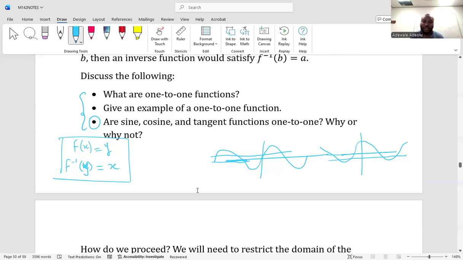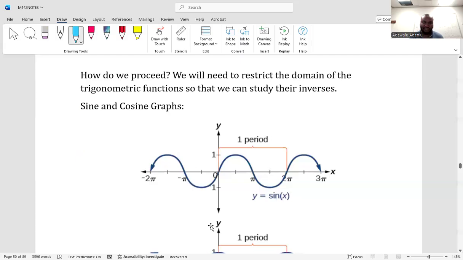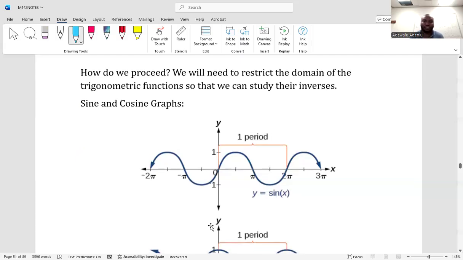That is the trick we are going to play right now. How do we proceed? What we are going to do is restrict the domain of the trig functions so that we can study their inverses.